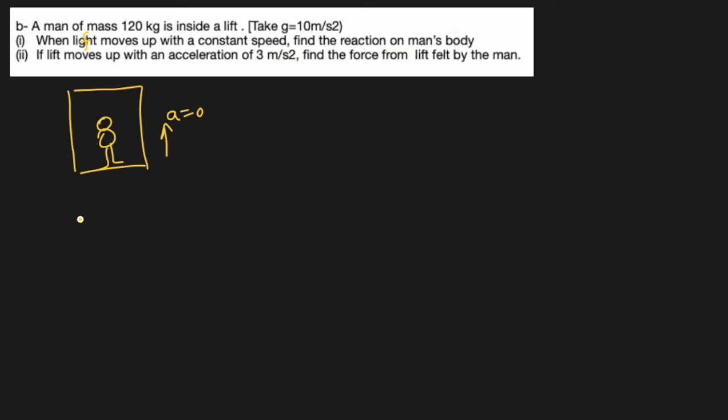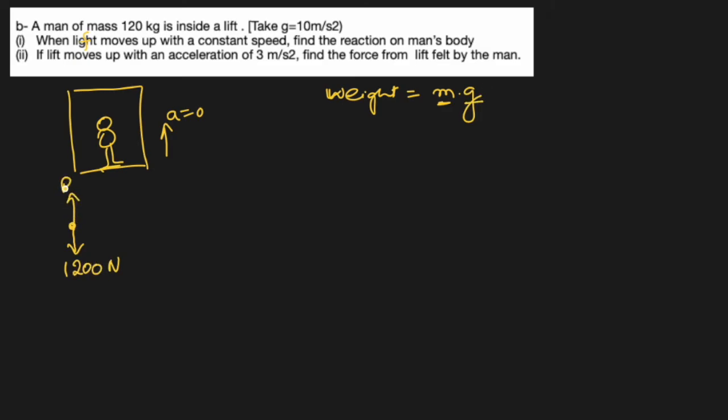So let's draw the free body diagram for man. His mass is 120 kg. That means the weight is 1200 newtons. Why? Because weight is the force a body applies downwards, which is mg. M is 120, g is 10, that's why 1200.